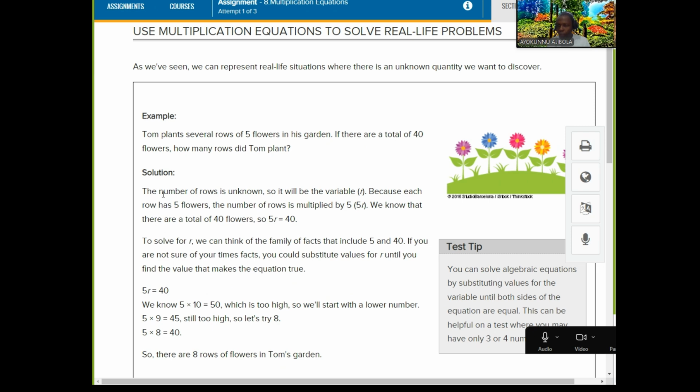The number of rows is unknown, so it will be the variable r. Because each row has 5 flowers, the number of rows is multiplied by 5, which is 5r, to get the total. And we know that there are a total of 40 flowers. So 5r equals 40, then there must be 8 rows because 5 times 8 is 40. Is that clear?